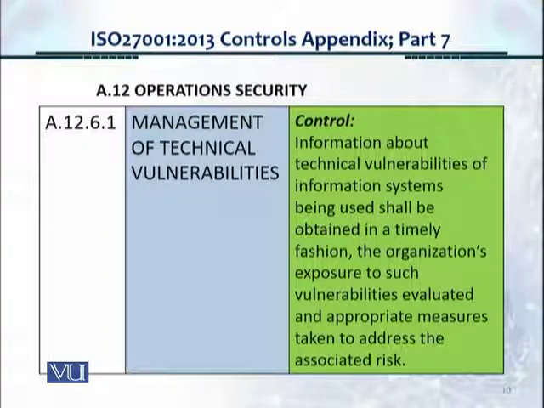So under management of technical vulnerabilities, the control 12.6.1 says in green, information about technical vulnerabilities of information systems being used shall be obtained in a timely fashion, for example, from advisories or a CERT, and the organization's exposure to such vulnerabilities evaluated and appropriate measures taken to address the associated risk. So we're talking about the complete vulnerability management lifecycle. And in the information security transformation framework or model, that is step number 2 of the information security transformation model.